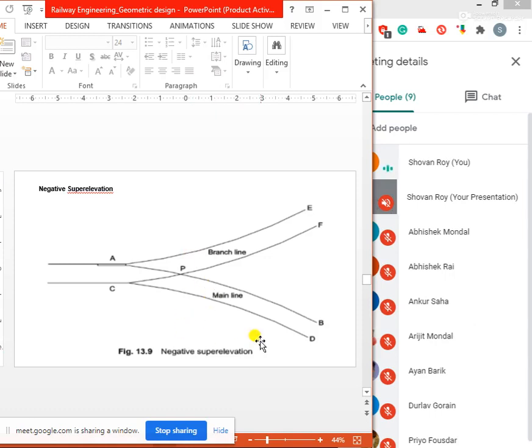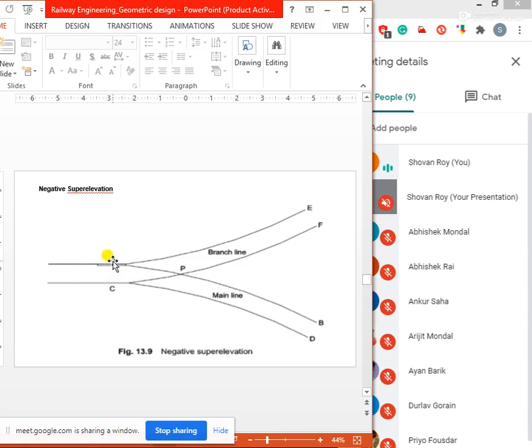For this main line, your point A should be higher than point C because this is the curve of the main line, and when the vehicle passes through it we need super elevation on the outer track, that is AB. AB is the outer track of the main line.